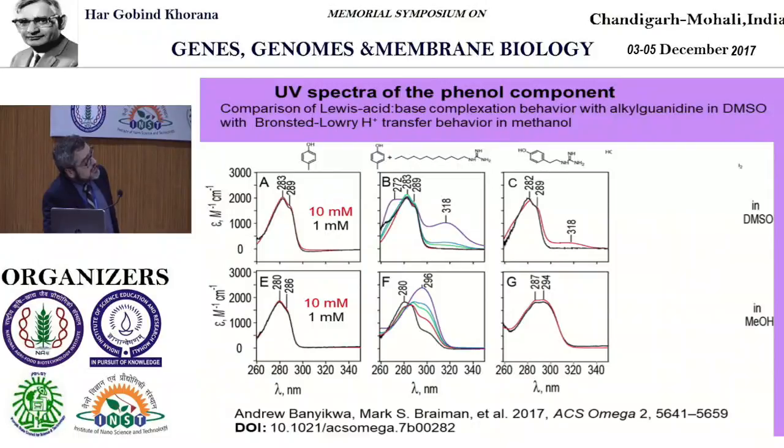I haven't included spectra at higher concentrations than 10 millimolar, but if you go up to 200 millimolar, this 318 nanometer band eventually reaches almost equal in size to the band at 282. In contrast, in methanol, there's very little concentration dependence of the relative size of the protonated and deprotonated forms of the cresol.